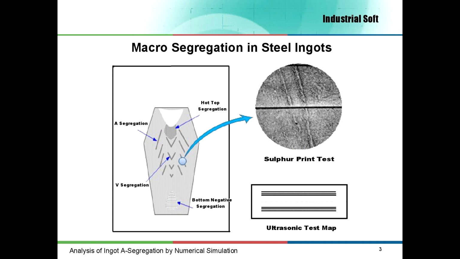In this slide we can see the segregation position on the longitudinal section of the ingot. Next, there is a sulfur print test taken in the segregation area, and at the bottom, the map of ultrasonic test for a forged bar. Here, I'd like to make a small note. Sometimes the ultrasonic test does not detect the segregation channels.